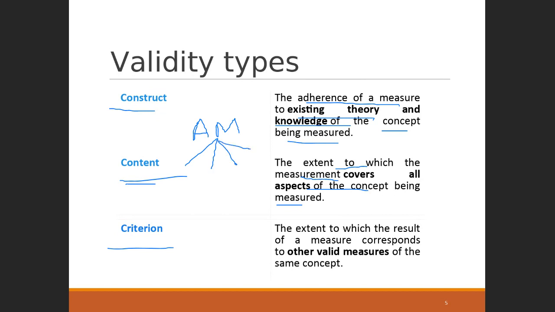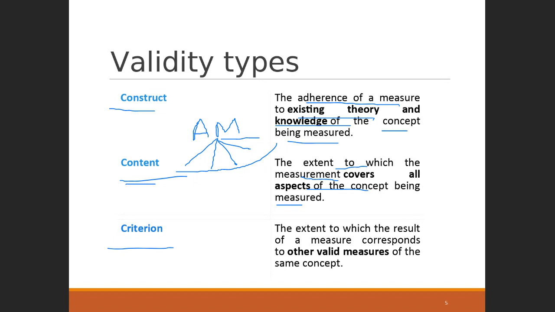Okay, so this is content validity. It shows that if all five dimensions are able to cover all possible conceptualizations of achievement motivation, then this concept has sufficient content validity.